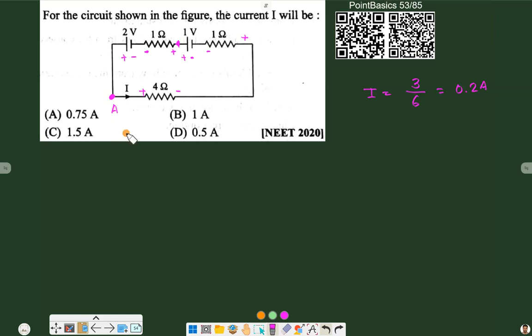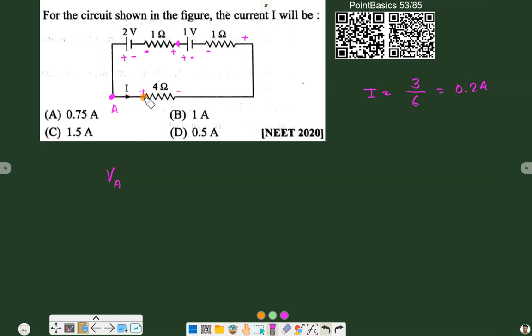Now suppose this is point A. Let's start from point A. Suppose at point A the potential is VA. Now we will be moving anti-clockwise. As we enter this resistance, first we encounter the positive sign and then the negative sign, and we always consider the second sign in the direction.